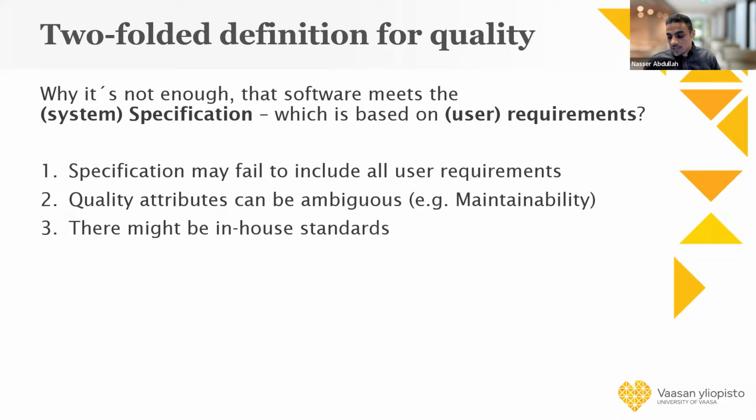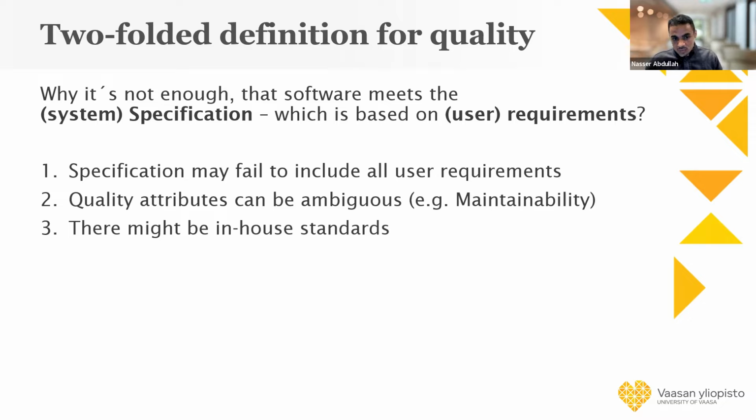For example, we collect all the system requirements, but the user requirement is a little bit different. Maybe during requirements gathering, we fail to collect the user requirements. So this is the first one.